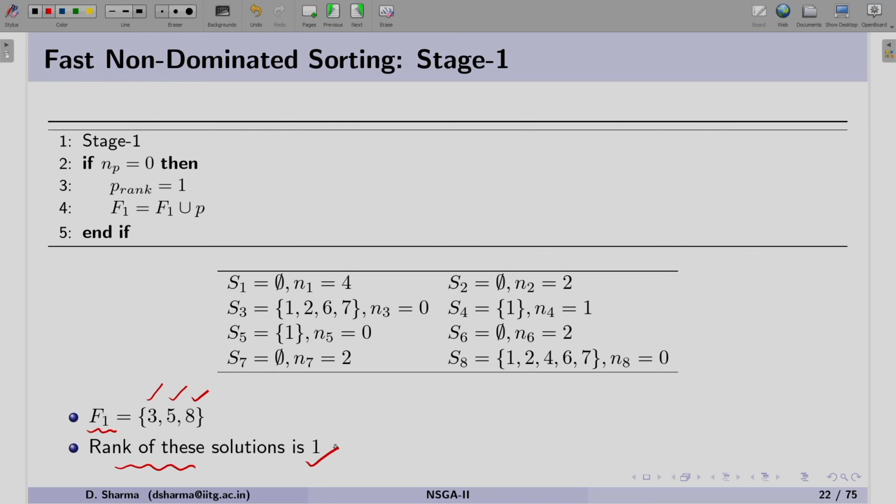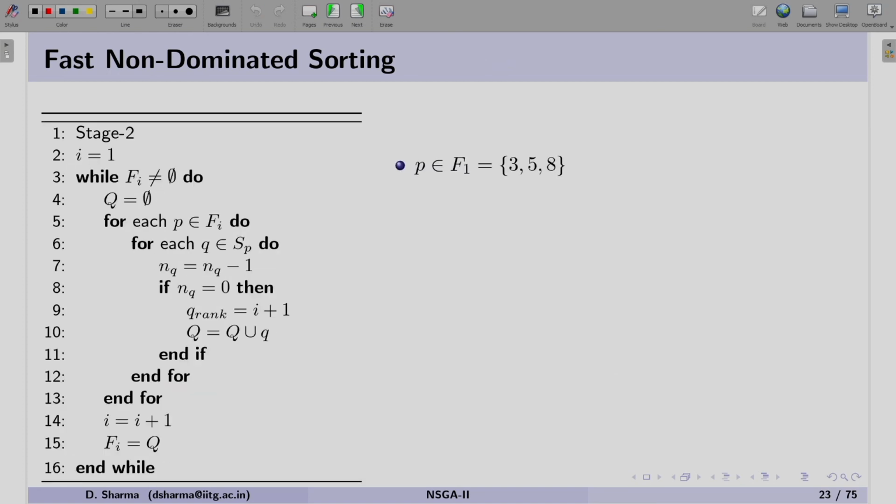Now, we will see how we can use the information that is saved in terms of SP and NP for stage 2. So, let us look here now. In this stage 2, as we remember, in step 2 I equals to 1. So, basically we are looking for front 1. Now, in step number 5, we see that P belongs to F1.